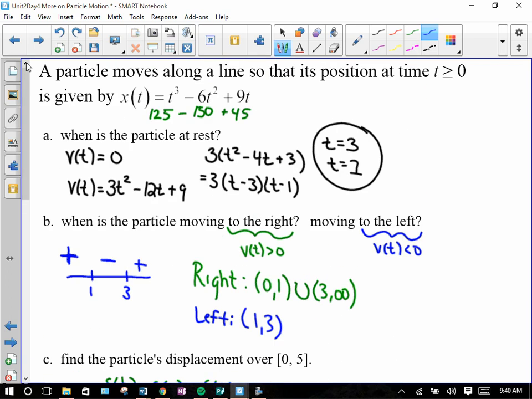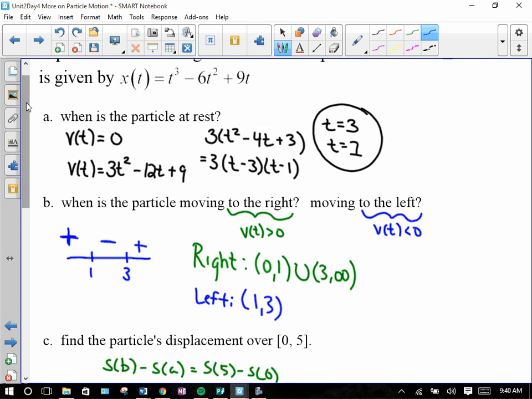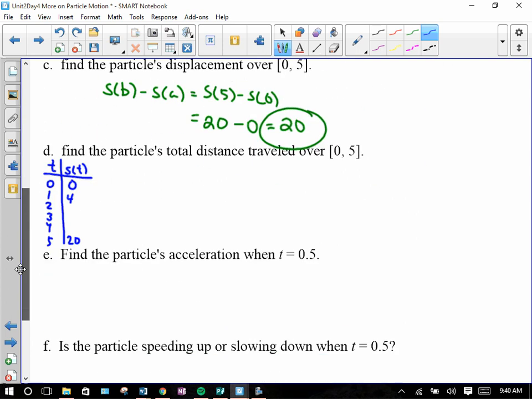So now we plug 1 in: 1 minus 6 is negative 5, plus 9 is 4. Then 2: 2 cubed is 8, minus 2 squared times 6 is 24, so we subtract 24, plus 18. So 8 minus 24 is negative 16, plus 18 is 2.